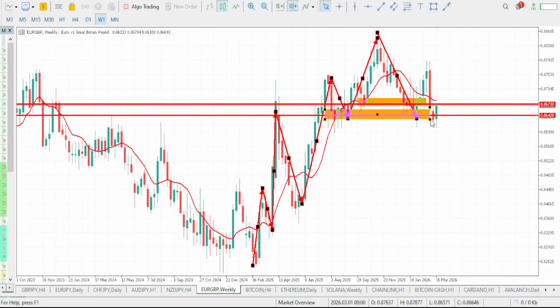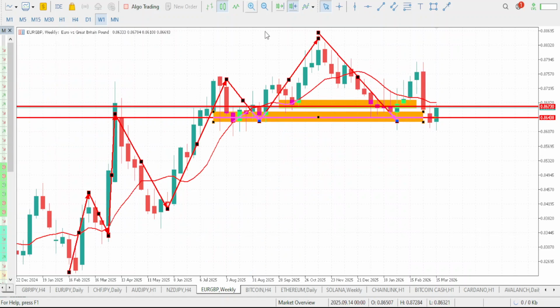So the market has now come to the support level, thereby giving us an equal low, and it's a support level. Now the market eventually bounced up, right? Then the market eventually dropped to the support level. So with this movement right here on our weekly time frame prediction, we should be expecting the market to push up, right? That is what we'll be expecting on EURGBP.